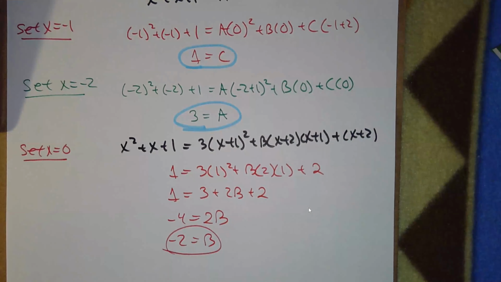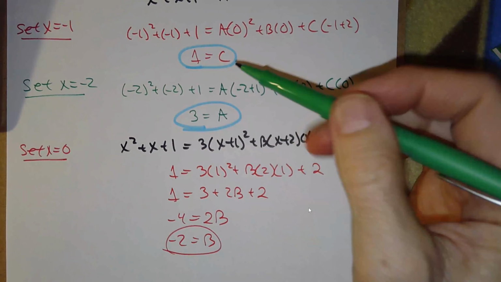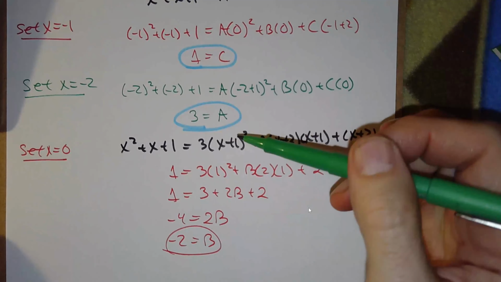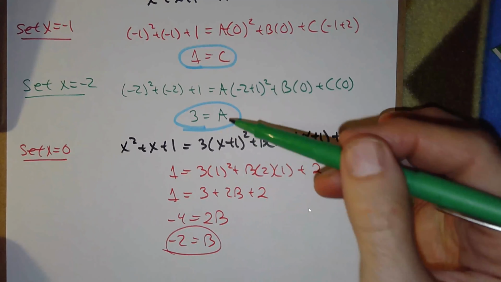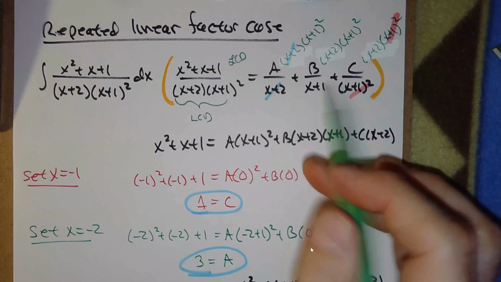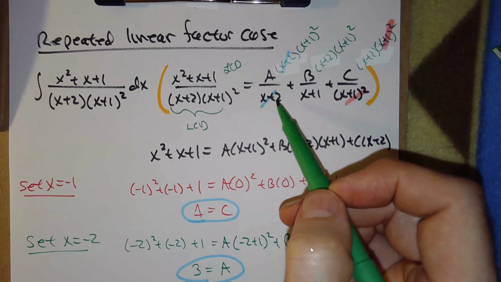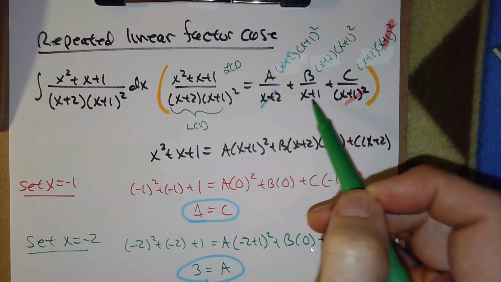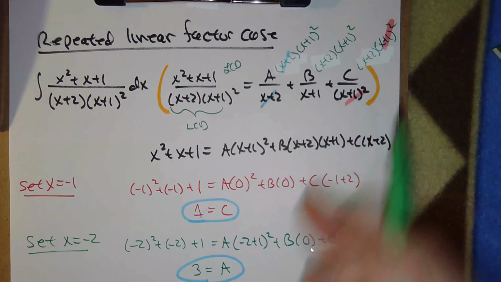Not bad. Not bad. So what does that tell me about my integral? Well, that gives me my values of a, b, and c. You have to be careful to put those up on top of the correct term. So a goes over the x plus 2 term, b goes over the x plus 1 term, and c goes over the x plus 1 squared term.